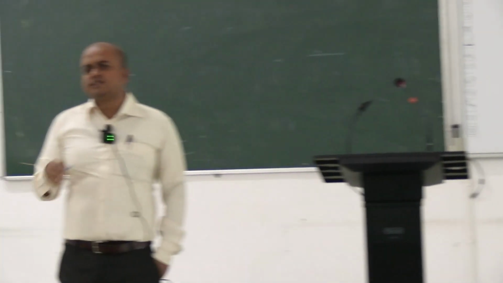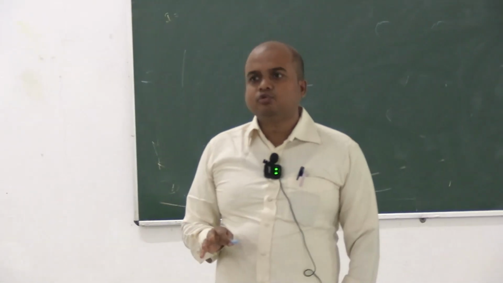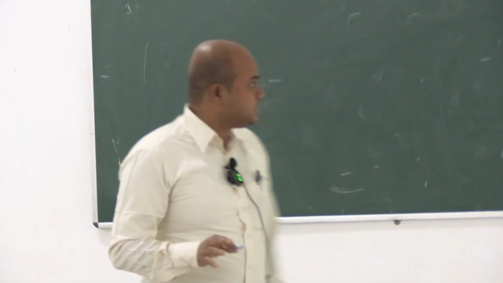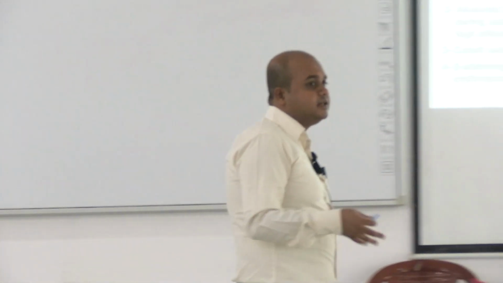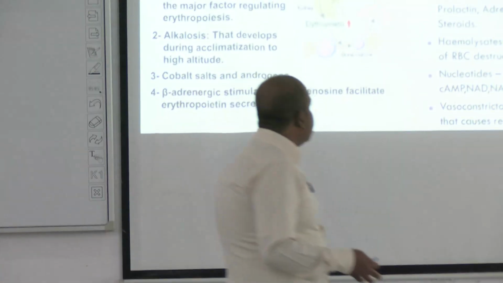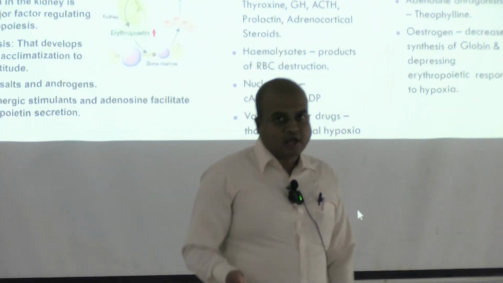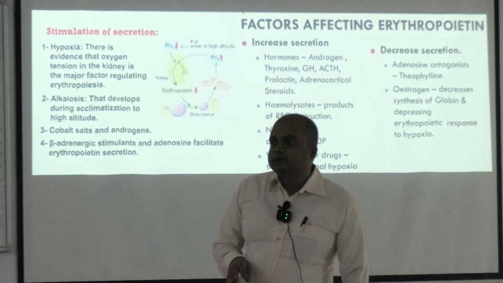Some beta adrenergic stimulants, adenosine, some cobalt salts also induce erythropoiesis to some extent. Alkalosis, meaning a decrease of acids or increase of bases in blood, and some hormones like thyroxine also do, but hypoxia is the main factor.